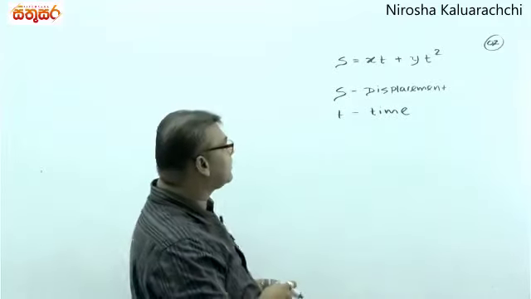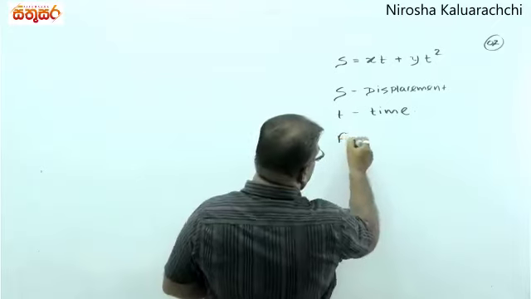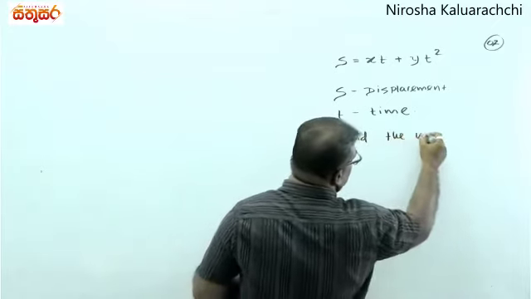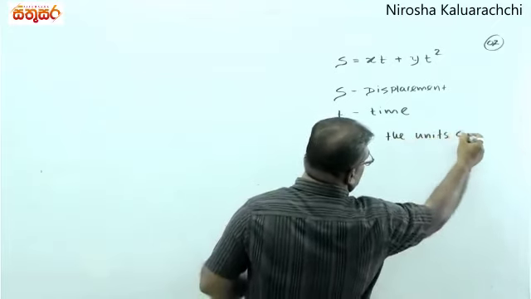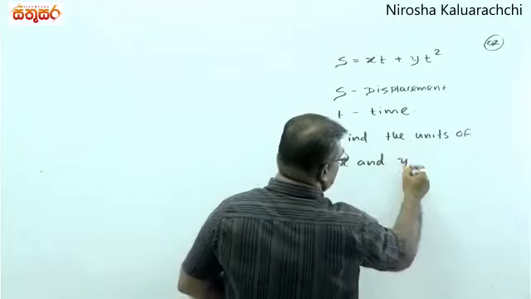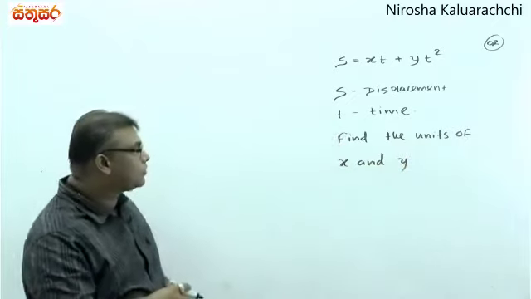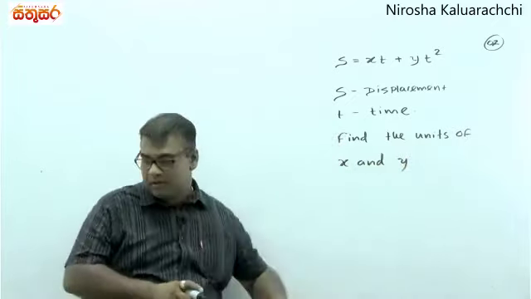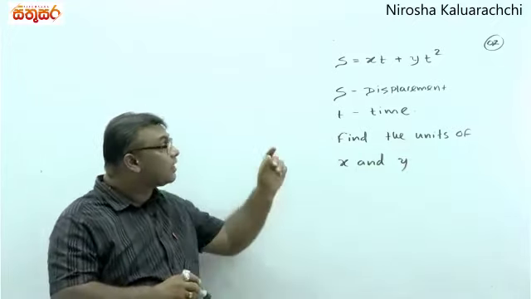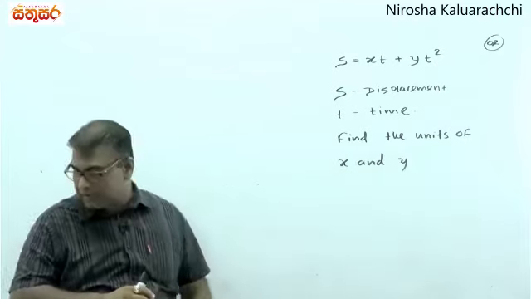Find the units of x and y. Right. Now you have 3 minutes to complete this one. Separately, you have to find the unit of x and the unit of y. Right. Let's start now.